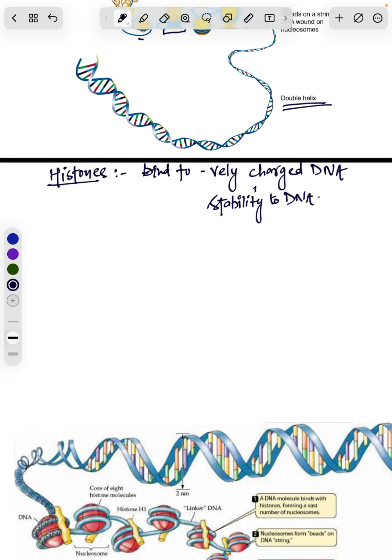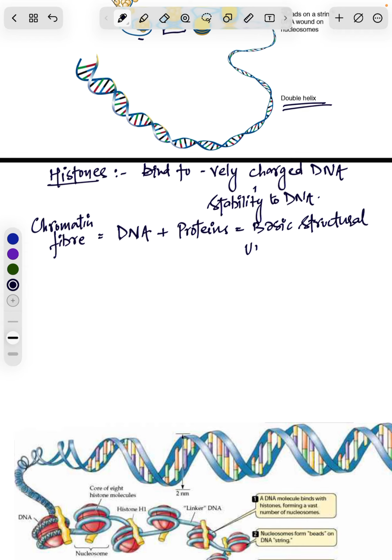Now a mixture of DNA and proteins gives the basic structural unit of the chromosome, which is called the chromatin fiber. So what is chromatin fiber? It is a mixture of DNA and proteins, and it provides the basic structural unit of chromosomes.